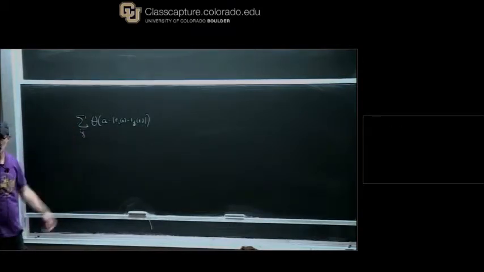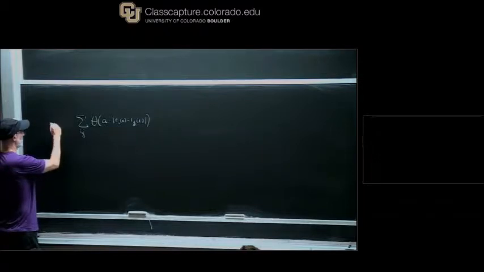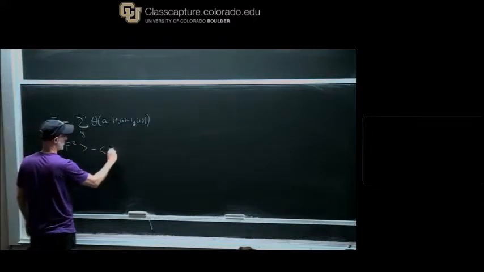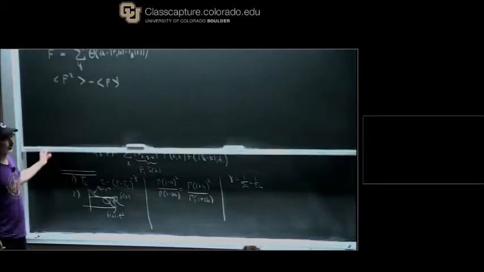If I Fourier transform this, and I'll call this F, then the fluctuations of F grow. So you do have growing fluctuations in something like this. Okay, and we'll come back to this.